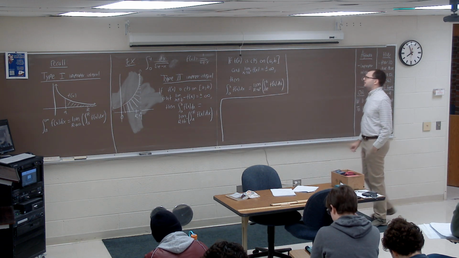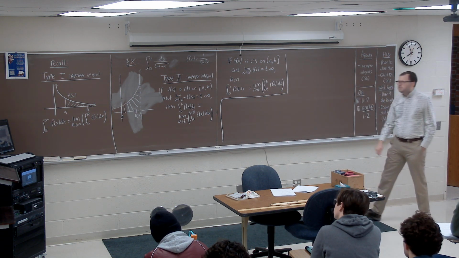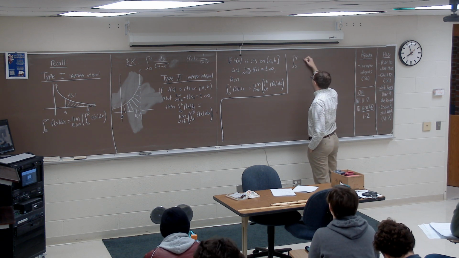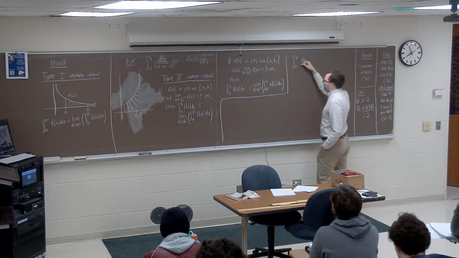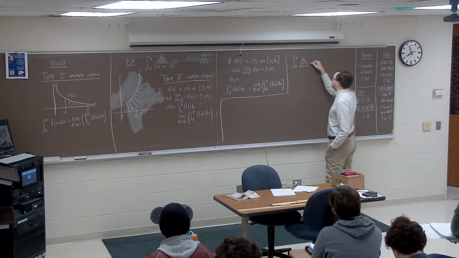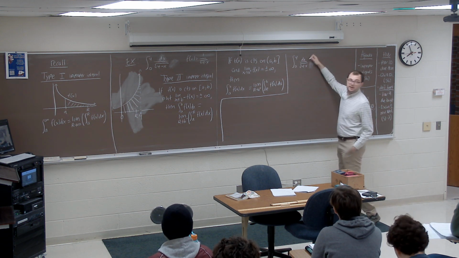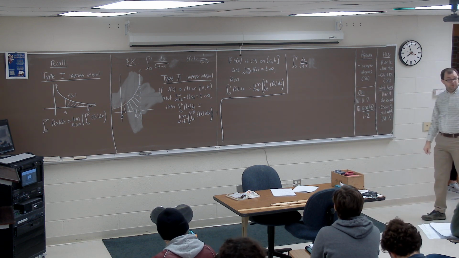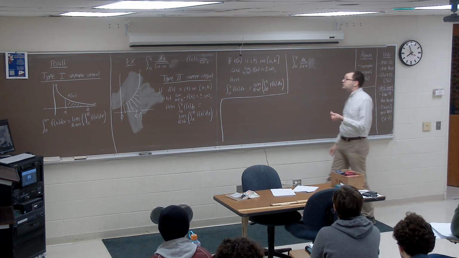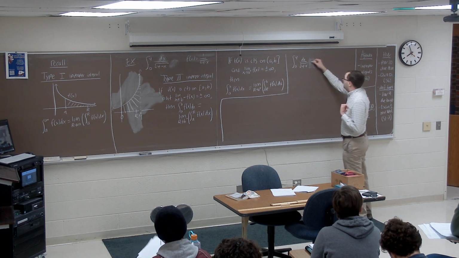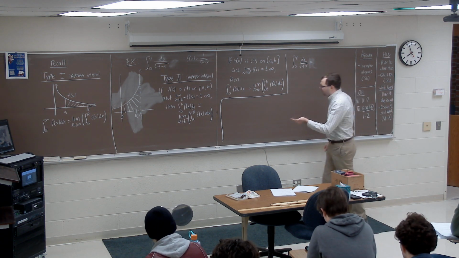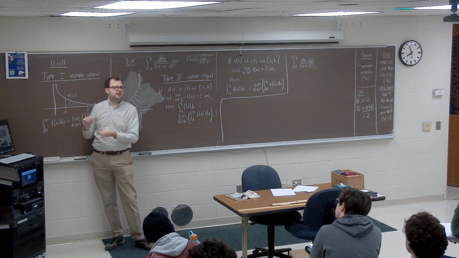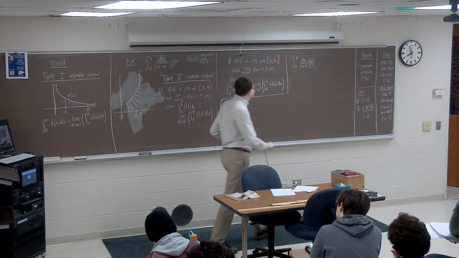So let's try that here. We want to evaluate the integral from 0 to 4 of dx over square root of 4 minus x. What we can do is, since we have a troublesome point at 4, we're going to use our dummy variable r in a very similar way to what we did last couple classes with our type 1 improper integrals.